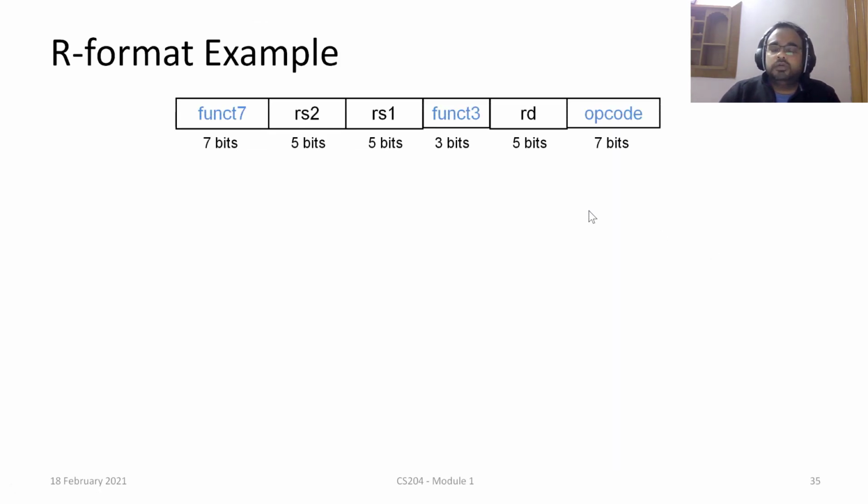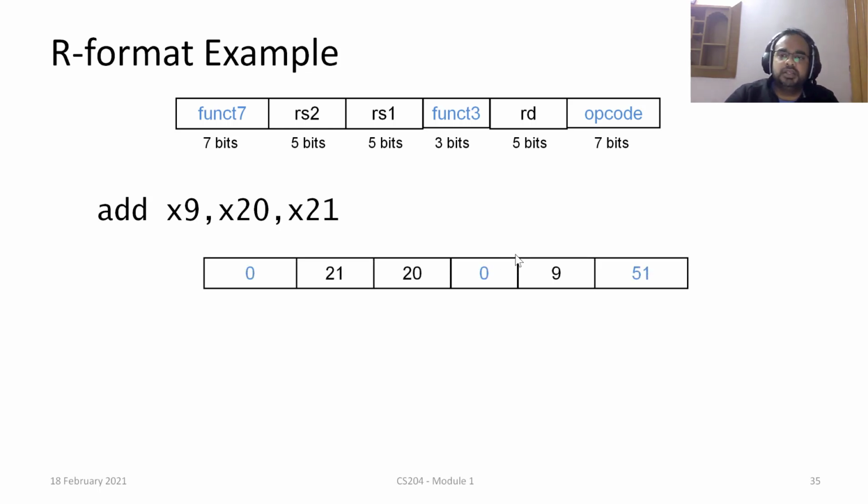If we want to quickly look at an example and understand how an R format instruction would look, here I've reproduced the same encoding that we saw in the previous slide. If we want to convert this assembly instruction add x9, x20, x21 into machine code using the instruction encoding given by the RISC-V ISA, it would look something like this.